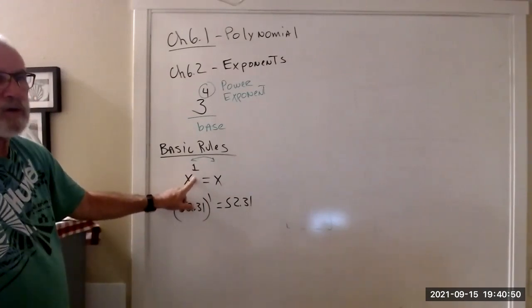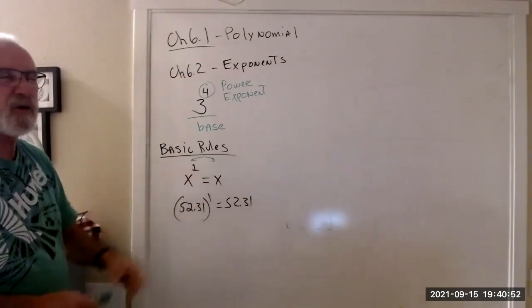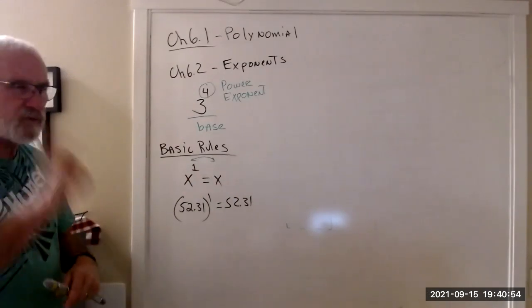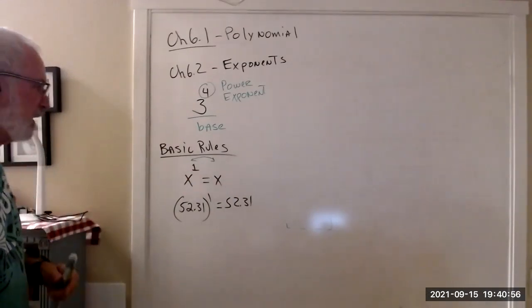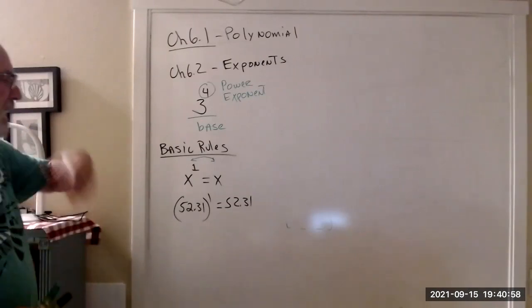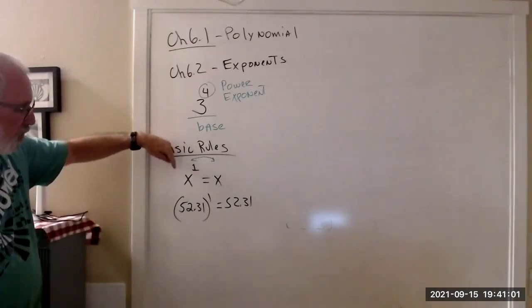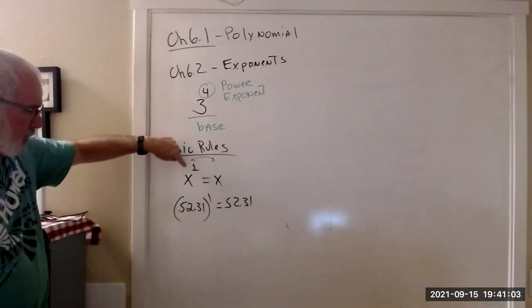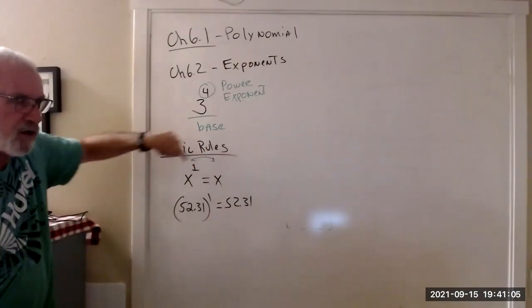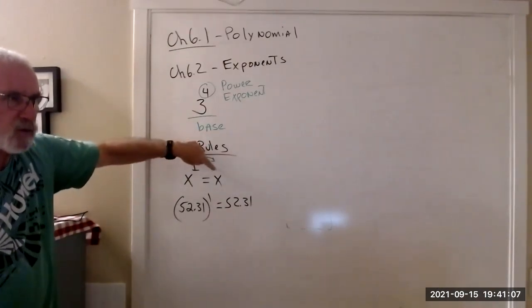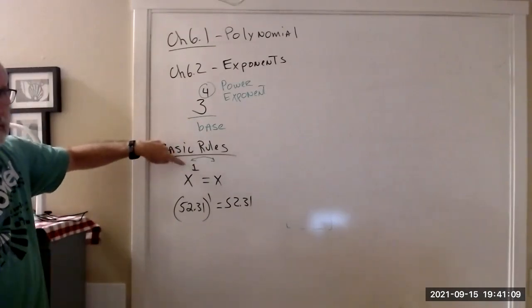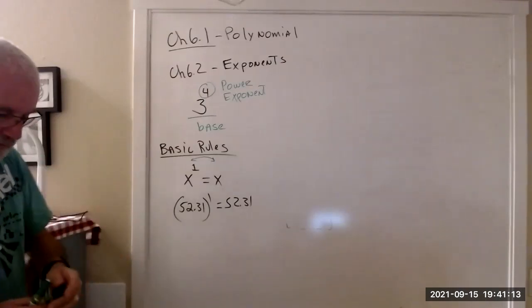Now, usually we don't need that. We don't care, but it's there if we need it. And occasionally we will. You'll see that later on. So these are called bidirectional rules because usually we see them go x to the first power is x. Well, it goes the other way. If you just have a plain old x, you can stick a 1 up there if it helps you. Okay, that's rule number 1.